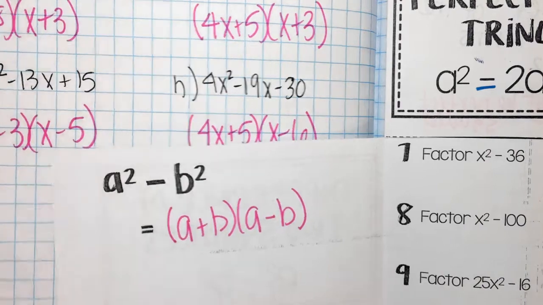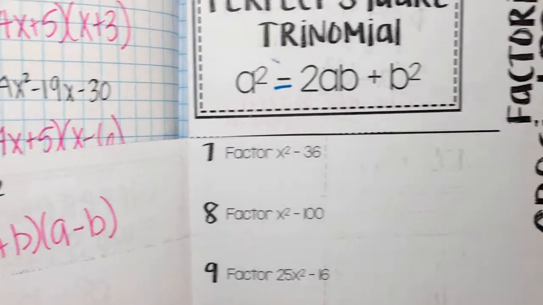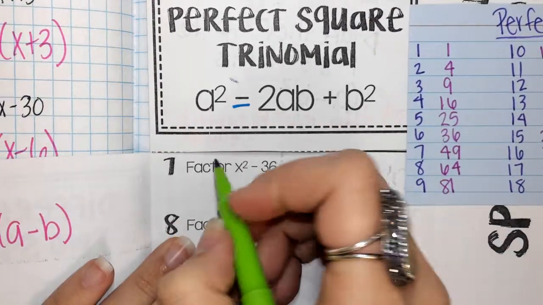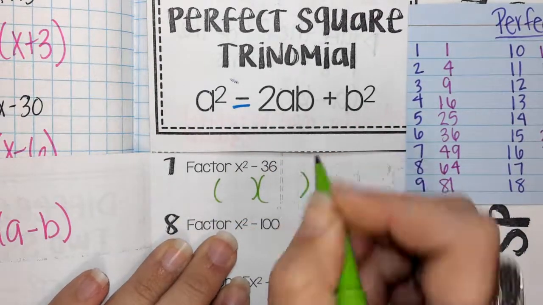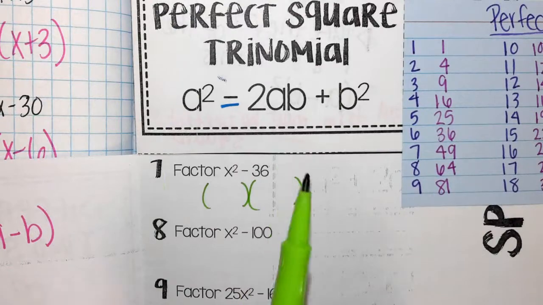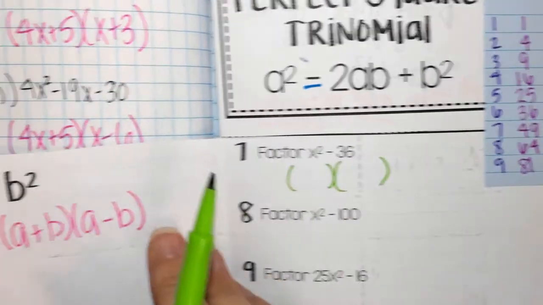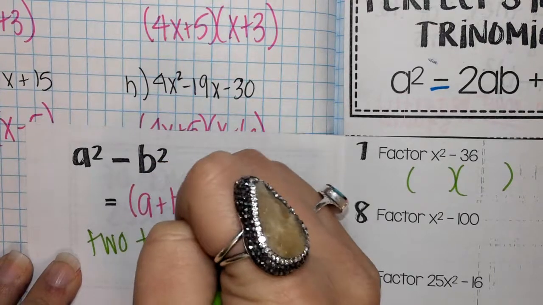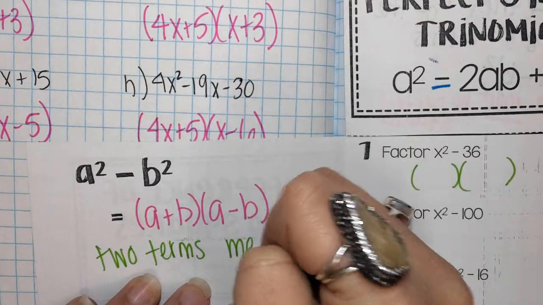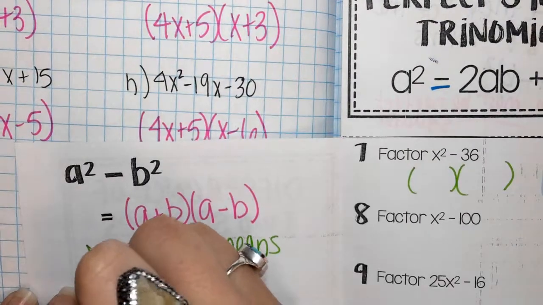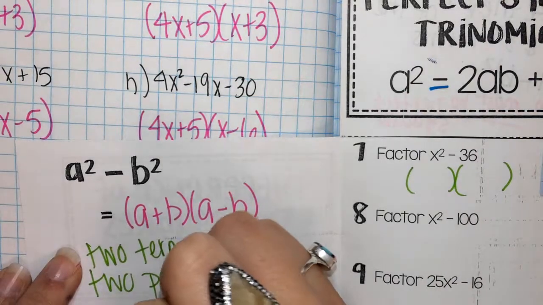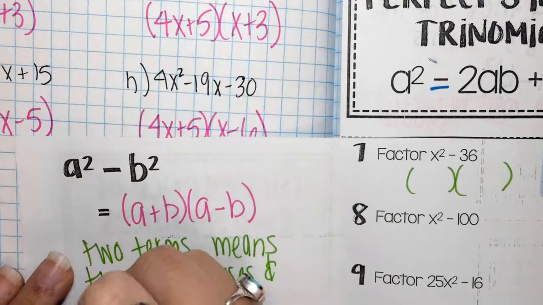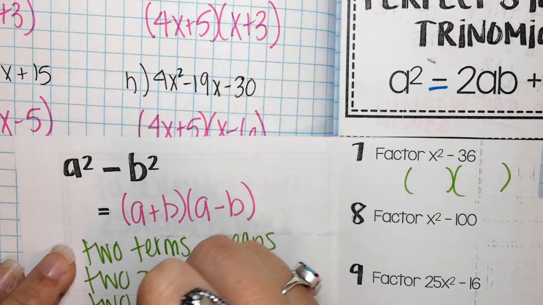Alright, now, are x squared and 36 both perfect squares? Yes. Alright, what's the square root of x squared? Now, this is a good way to remember. If you have 2 terms, you're going to have 2 parentheses, and 2 different signs.